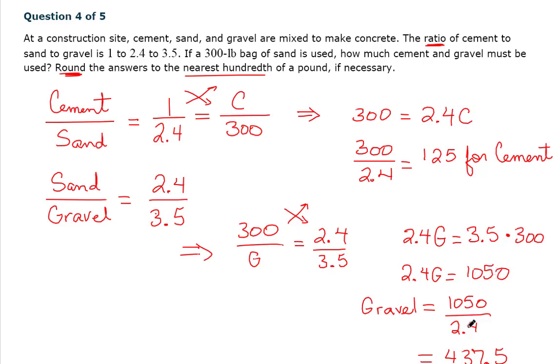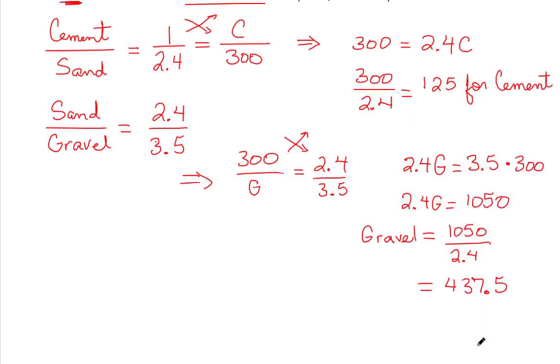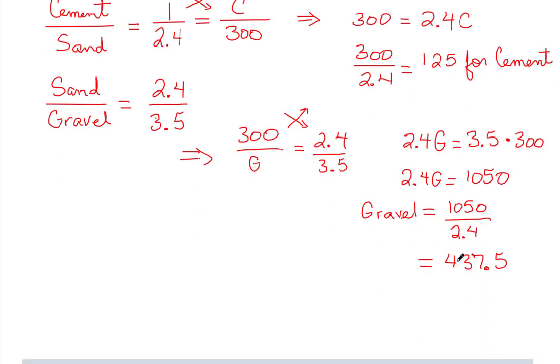So divide by 2.4, and the amount of gravel is 437.5 pounds of gravel.